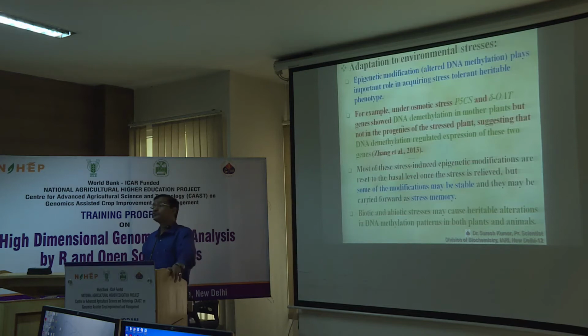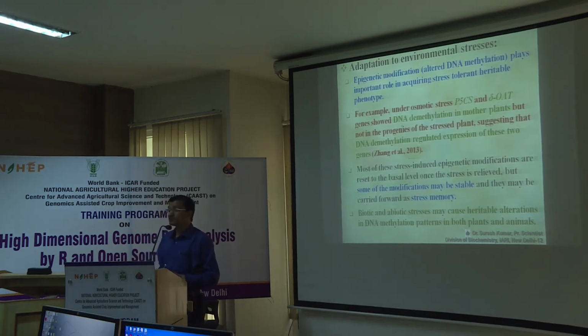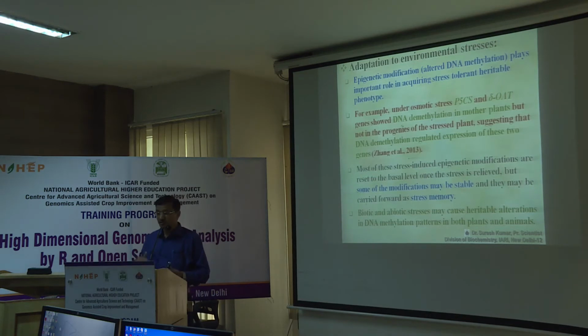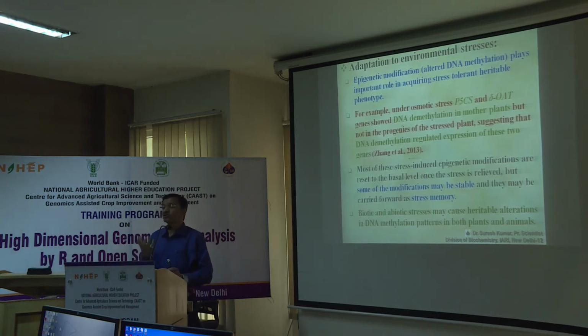Okay. Adaptation to environmental stress. Either in animal systems or plant systems, we find that if a plant is under heat stress or drought stress, certain genes are required to be more expressed and other genes to be less expressed. Say, for example, drought stress in rice. If drought stress in rice is there, what is the requirement?